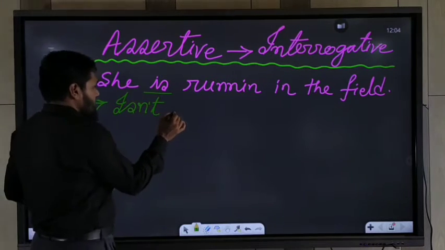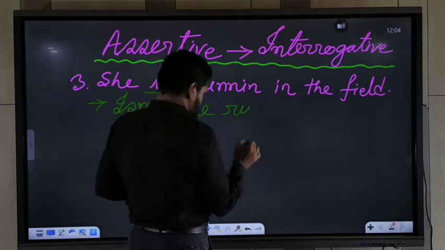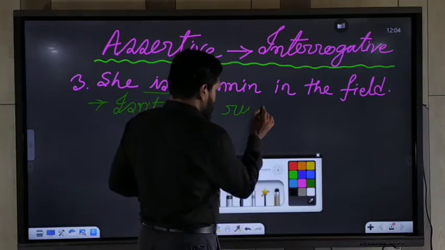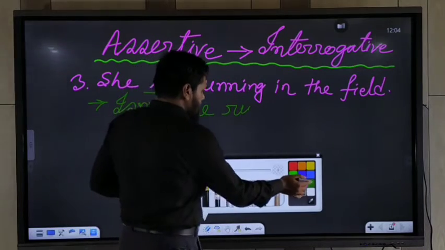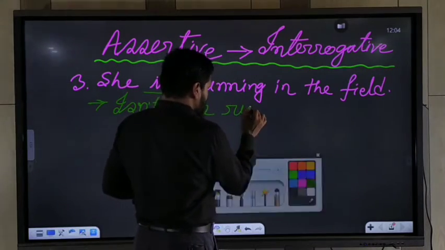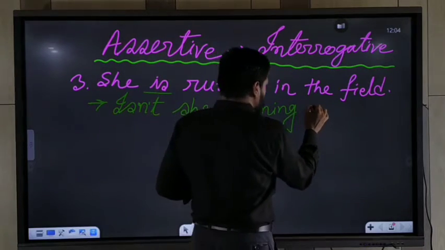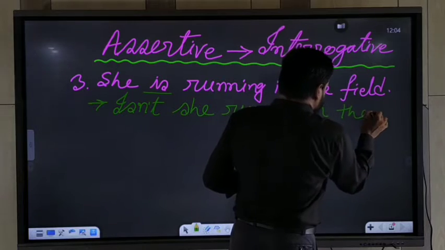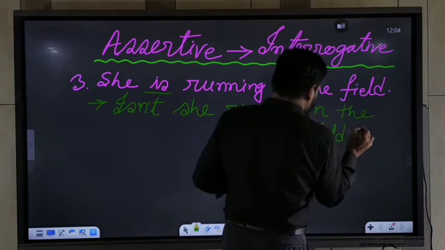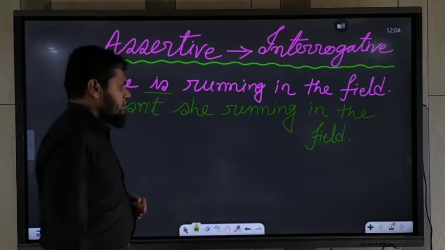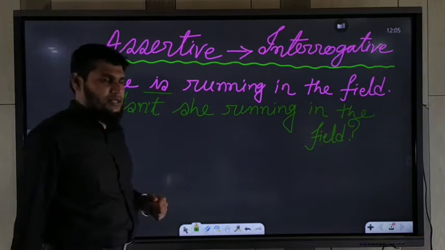Isn't she running in the field? Sorry, g is missing here. You should use the note of interrogation. Understand?